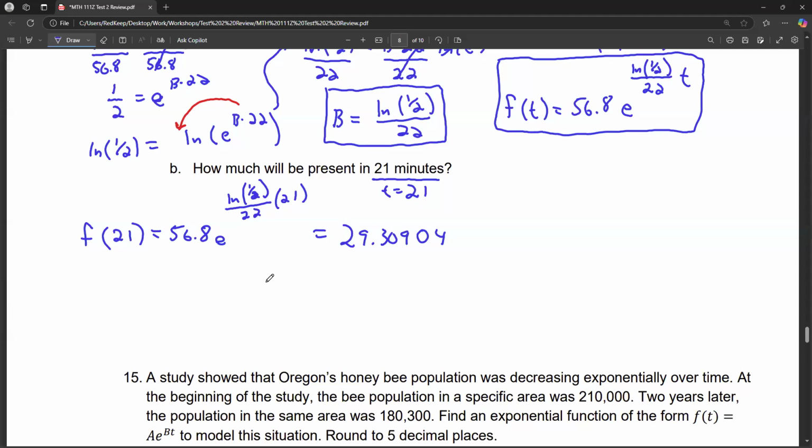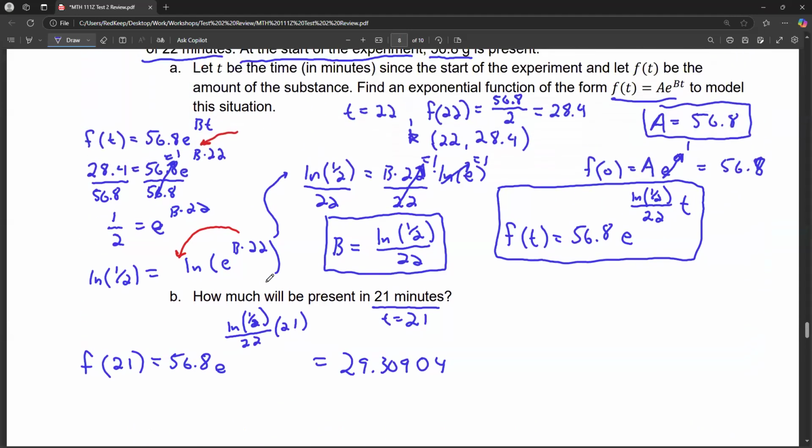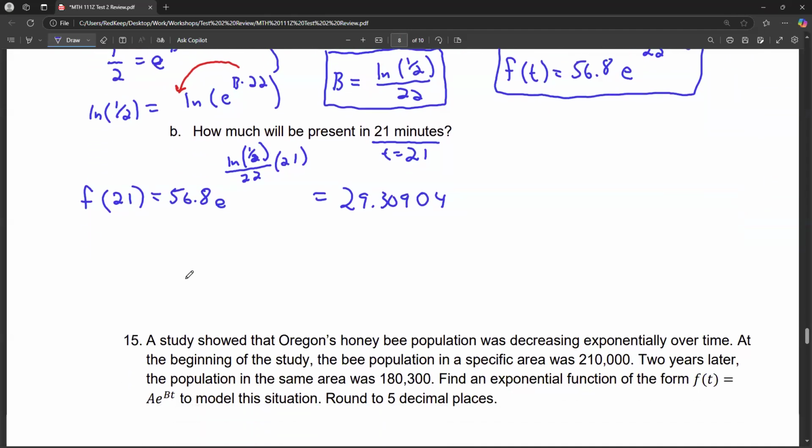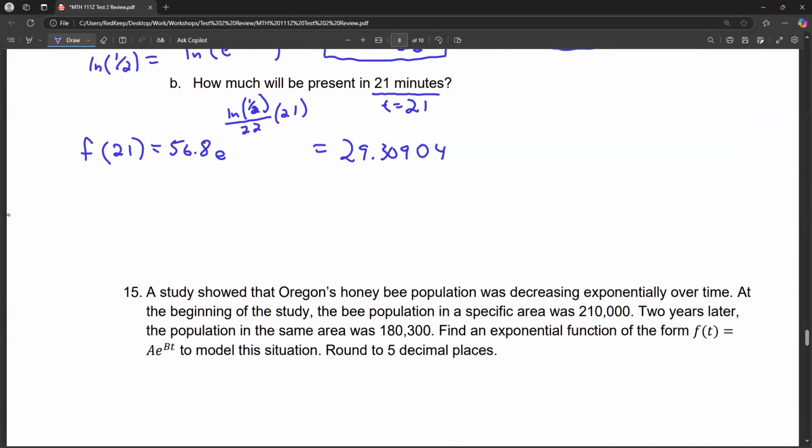But if you remember, at the beginning they gave us the amount present initially as 56.8, to one decimal place. I may just follow suit and say this will be rounded to 29.3 grams. They're not asking, but you might give it in a sentence saying there will be 29.3 grams after 21 minutes.